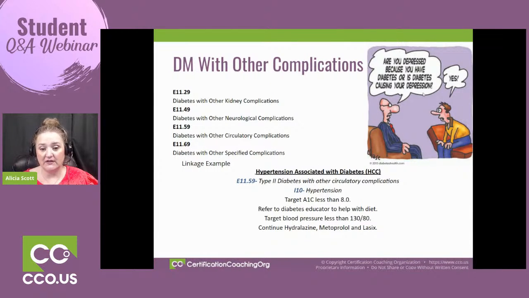Then I would educate on that and say, your patient has hypertension and type 2 diabetes, and this verbiage that we're seeing, the target A1C less than 8.0, refer to diabetic educator, target blood pressure less than 130/80, and they're on medications like hydralazine, metoprolol, or Lasix, then I could say there is a code for hypertension associated to diabetes.